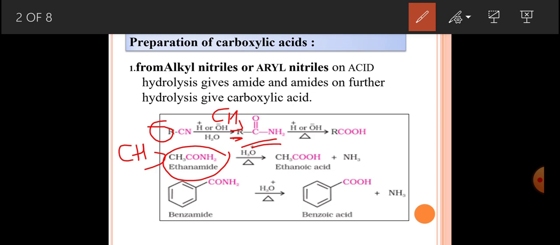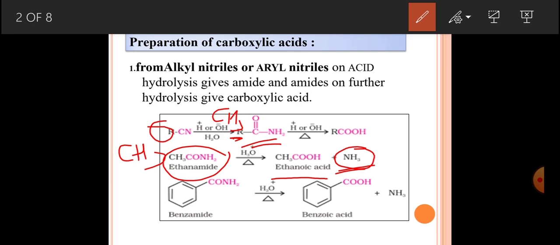After that, ethanamide on further hydrolysis gives you ethanoic acid along with the byproduct NH3, because NH2 leaves and OH goes there, and NH2 takes one hydrogen in the hydrolysis and forms NH3. Okay, these two reactions we have seen for alkyl nitrile.